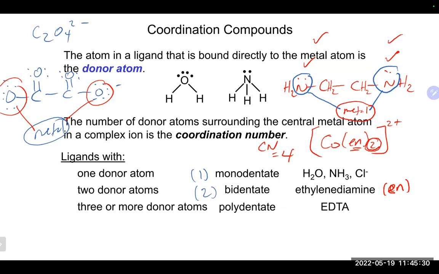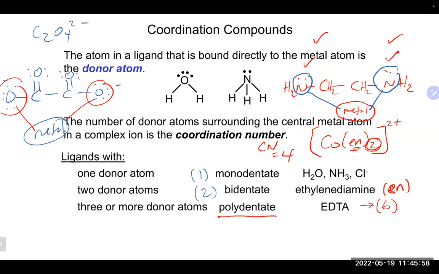Any questions on that there? There's some that are polydentate, which means, heck, they bind in a lot of places. That's EDTA. That is like a 6 per molecule binding for EDTA. So it pretty much just grabs onto the metal really thoroughly there in 6 different locations on one of those molecules.